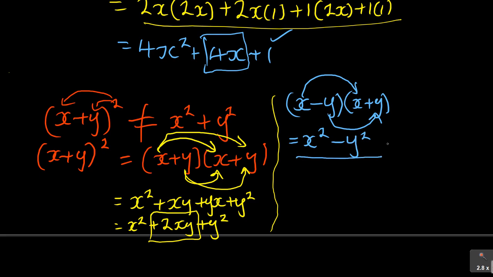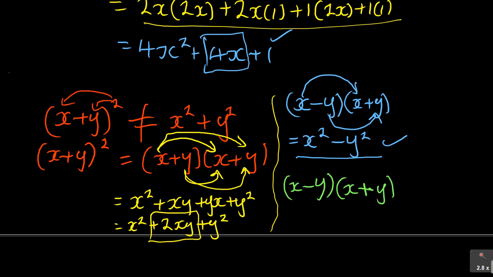This is correct. You know why? Because whenever you are dealing with a difference of two squares, when you have x minus y and x plus y, if you have to expand, you have got that.